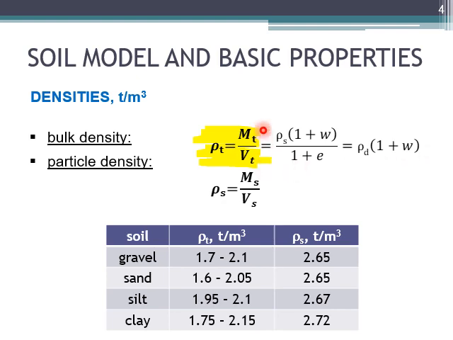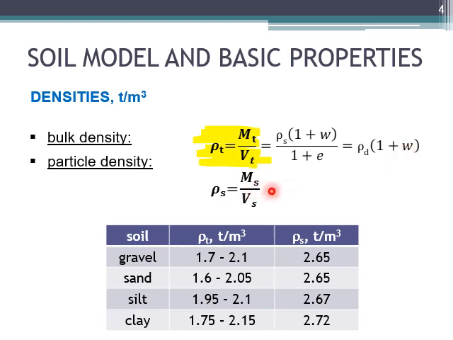The definition is the first one only. These equations can be used, for instance, if you want to calculate the bulk density, but you only know the dry density and the water content.